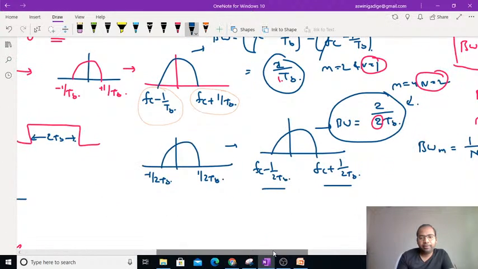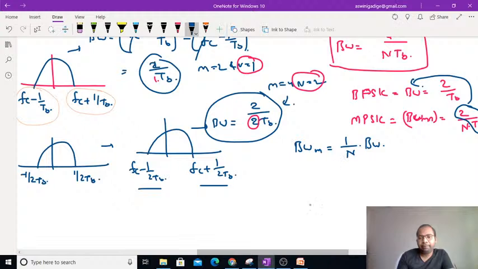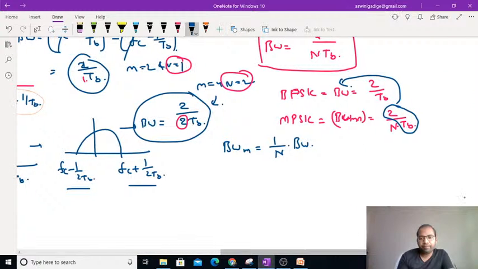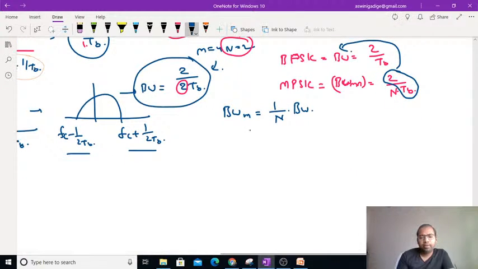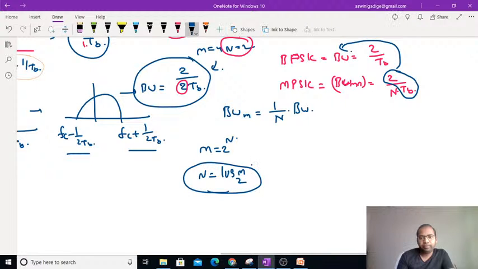I have to convert this N with respect to M. We know that M is equal to 2 power N, and if I apply log base 2 on both sides, then N is equal to log M base 2. Let's substitute here, then that becomes 1 divided by log M times BW.